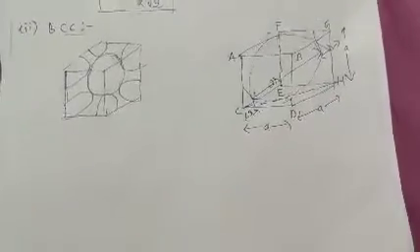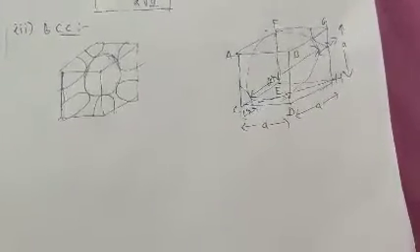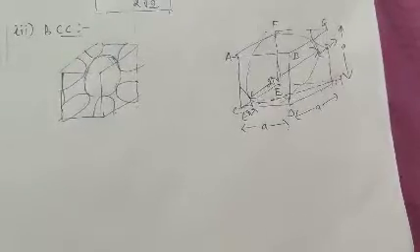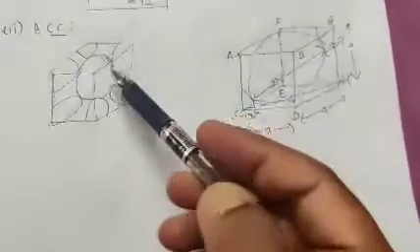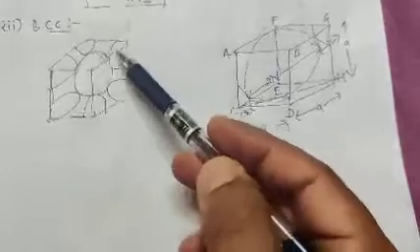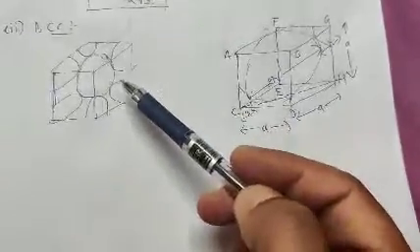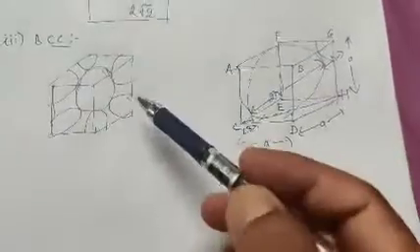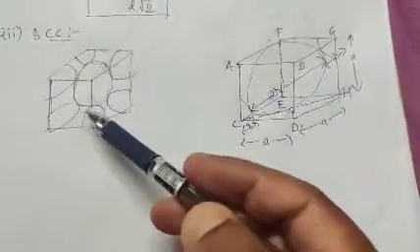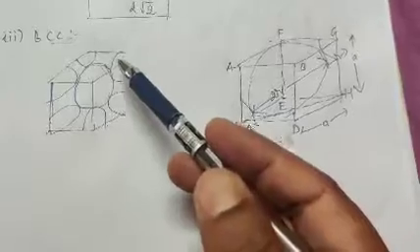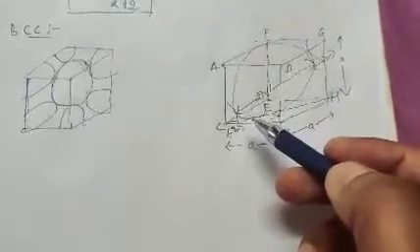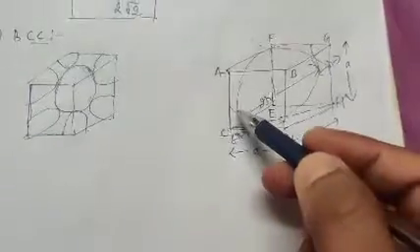So let us now calculate the atomic radius in the case of the body centered cubic lattice system. Let us consider this is a central atom, the body center. These are the corner atoms, which are considered as hard spheres. Let us only consider this central atom and these corner atoms. If you simplify, this will be the corner atom.